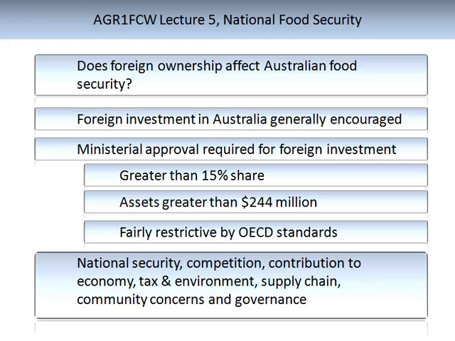And while this 244 million may seem like a large amount, this is fairly restrictive by OECD standards. The issues that are stated as being considered are national security, competition, contribution to economy, tax and environment, supply chain, community concerns, and governance.